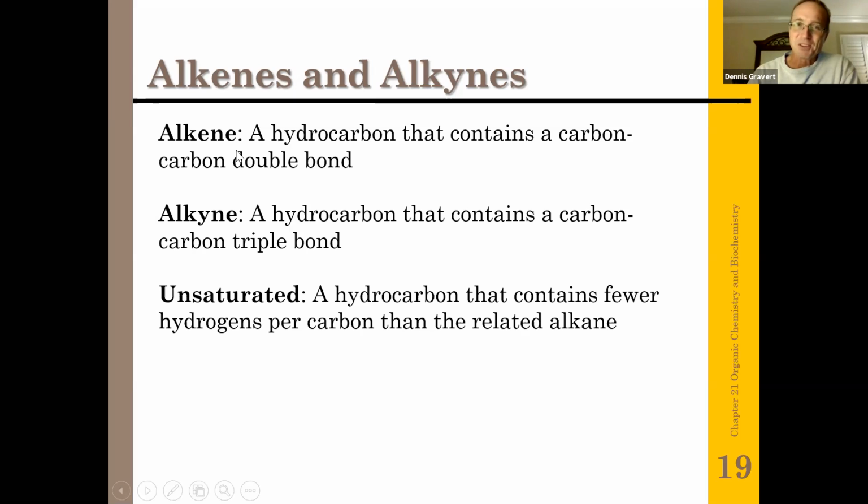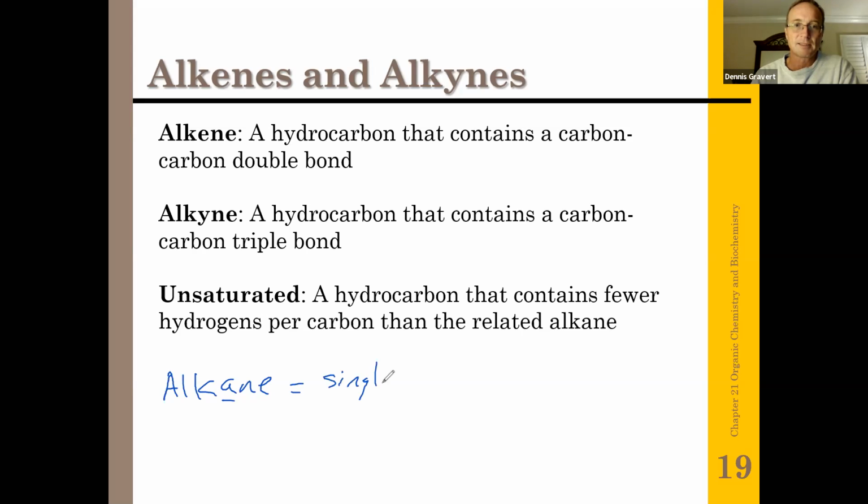And then we have names for those situations. So we had alkane. The alkane was all single bonds. An alkene, so we're changing the ane ending to an ene ending, contains at least 1 carbon-carbon double bond.